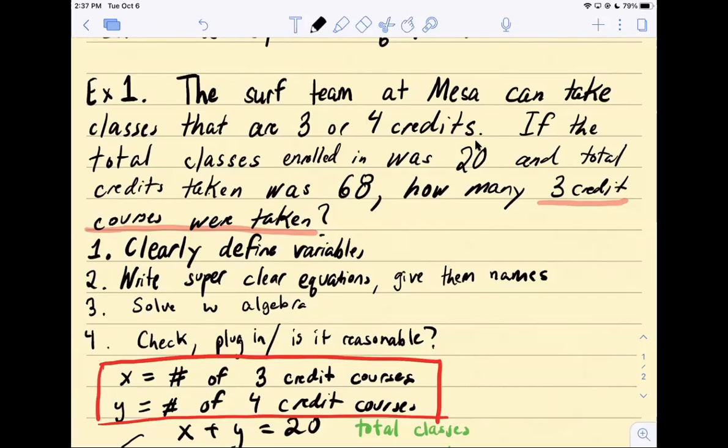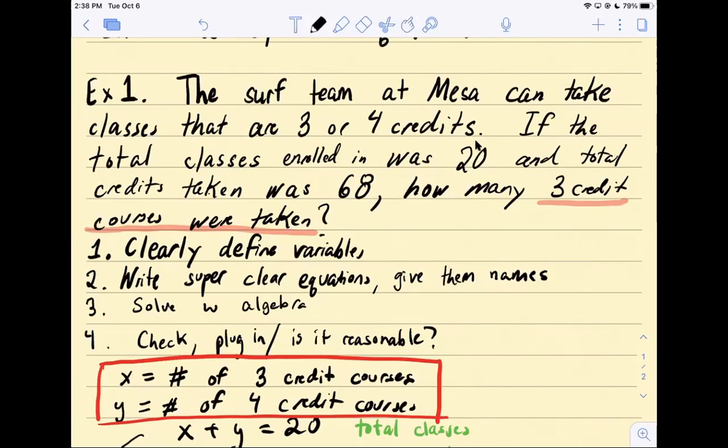Not 68. So what happens every time they take, instead of a 4 credit class, a 3 credit class? What's happening to their total number of credits? It's going down. By how much? Every time they switch out a 4 credit course for a 3 credit course, how much is it dropping? Just by 1. So if the total number of credits that they took is 68, how many times do they have to swap out from an all 4 credit enrollment for a 3 credit course?